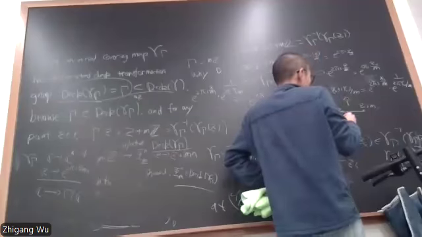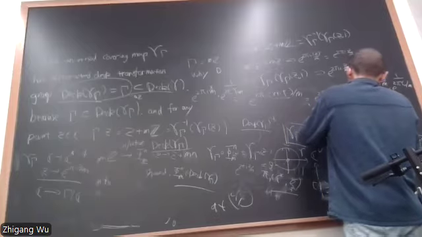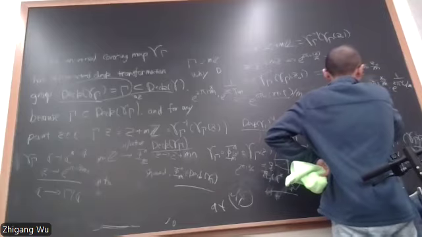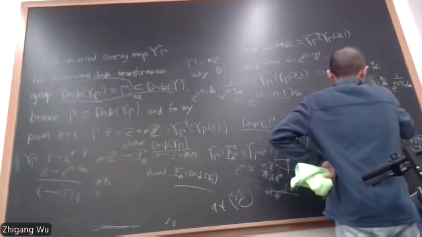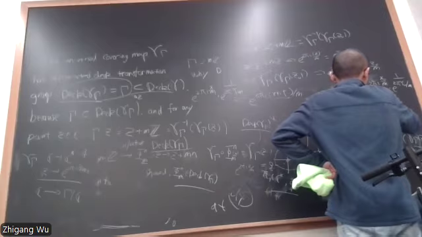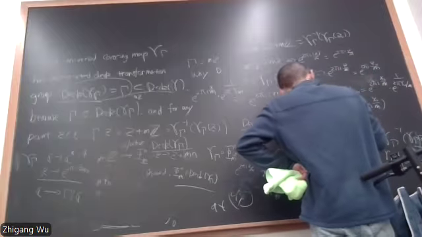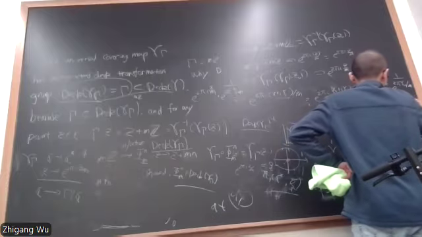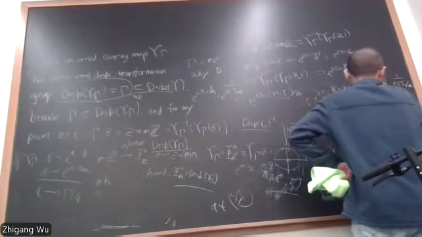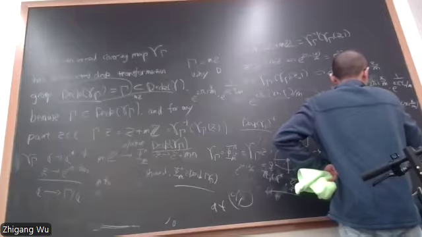Then by definition, the right hand side is exactly cosine of 2 pi x naught over m, comma sine of x naught, times e to the 1 over 2 pi y naught.